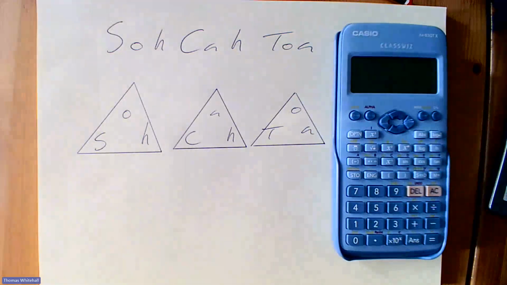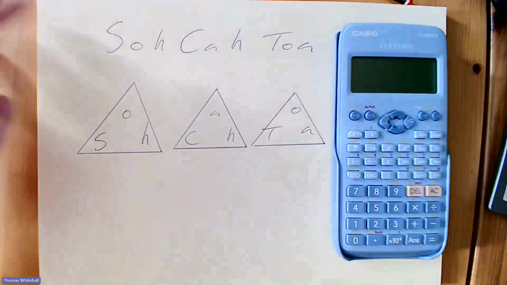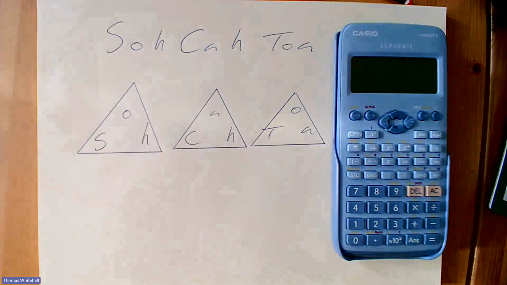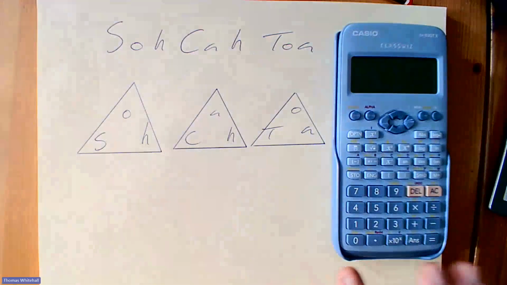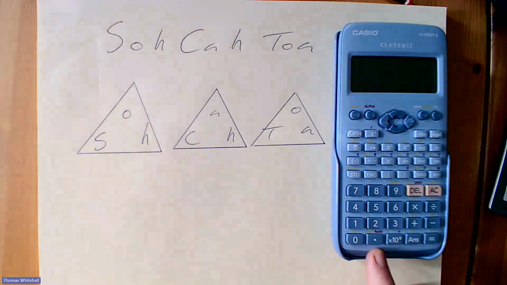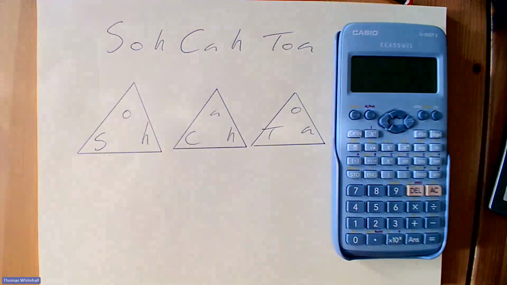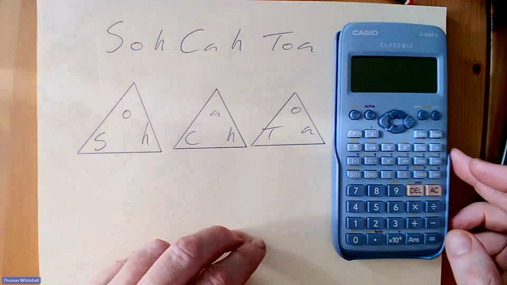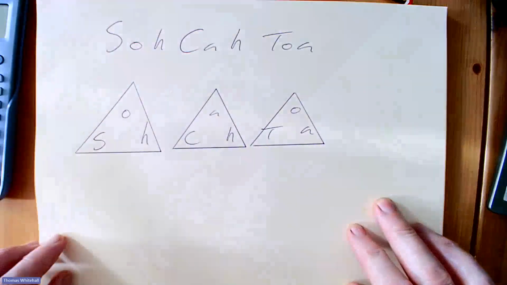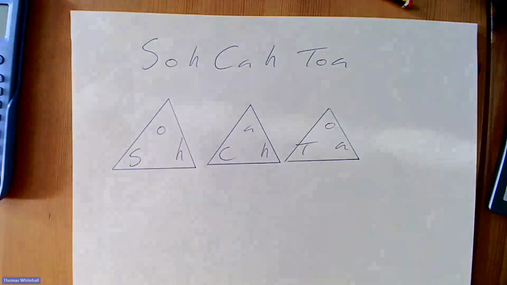Okay, so we can see our beginnings there. We've got our SOHCAHTOA set up in our triangles, our calculator. And strangely enough, we're not going to be using that too much during this session, only for the final steps. Okay, so I'm going to move that to one side and bring our pad a bit more central.